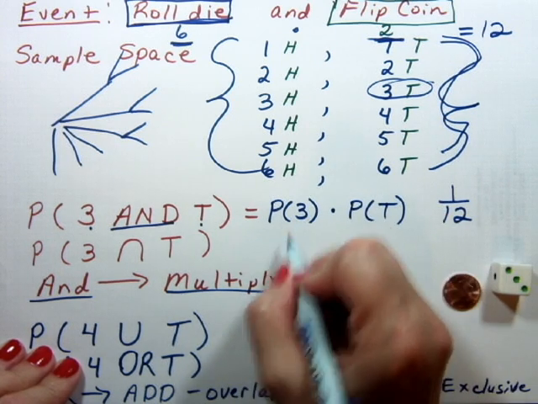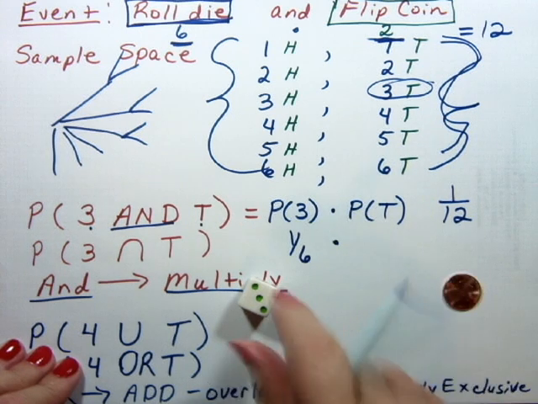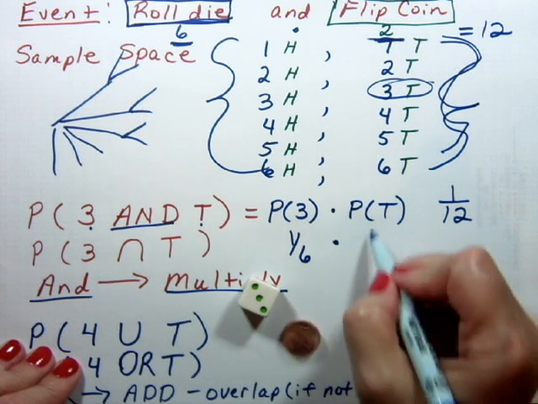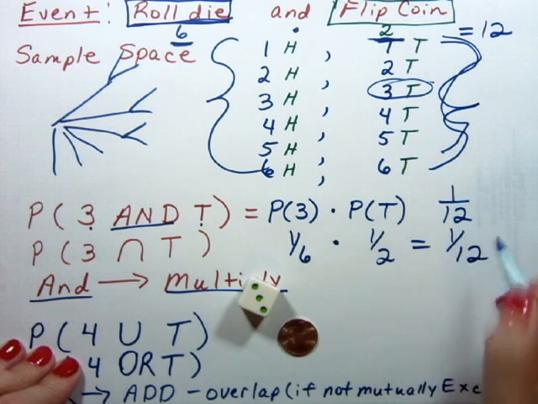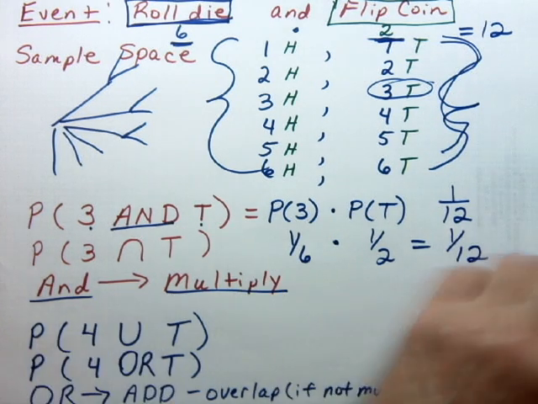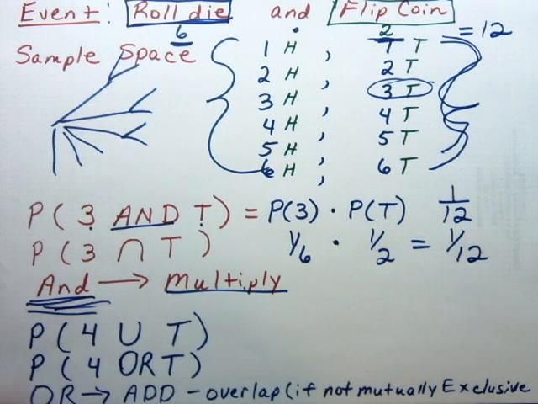The probability of a 3 on this die is 1 out of 6. The probability of tails is 1/2. Notice 1/6 times 1/2 is 1/12. So if you're not looking at your sample space, you just need to remember and in probability, you've got to multiply.